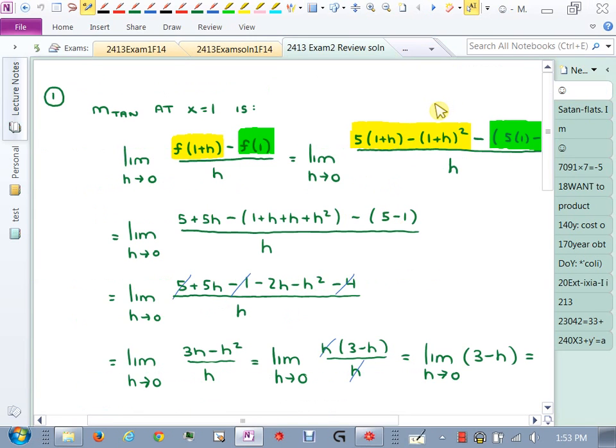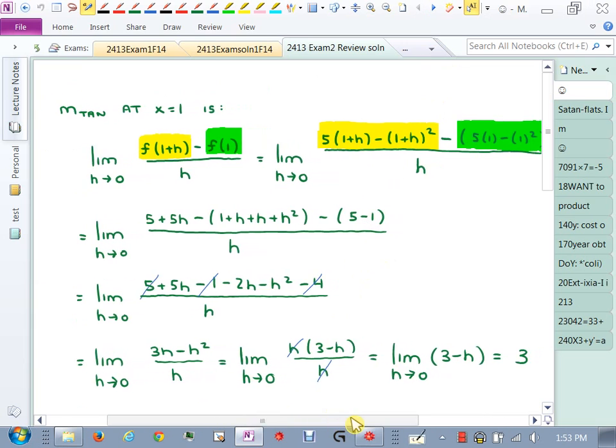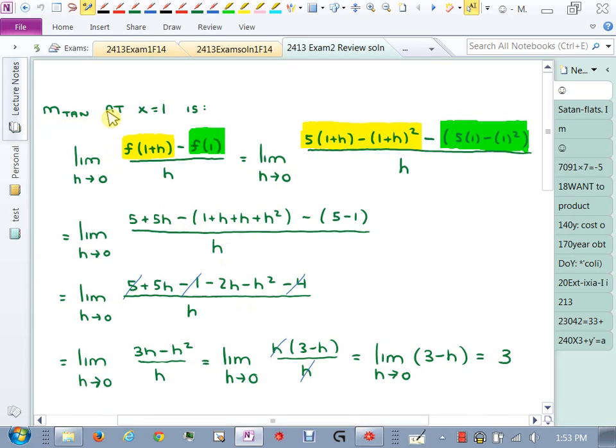So that means I have to, using the limit definition, find the slope of the tangent line at x equals 1. Where does x equals 1 come from? I gave you the point, (1, 4). So the x-coordinate was 1. So I used the good old definition, limit as h approaches 0 of f of a plus h minus f of a all over h, replacing a with 1.